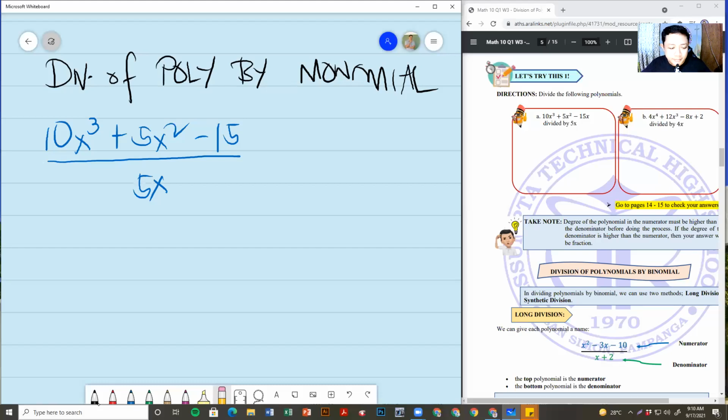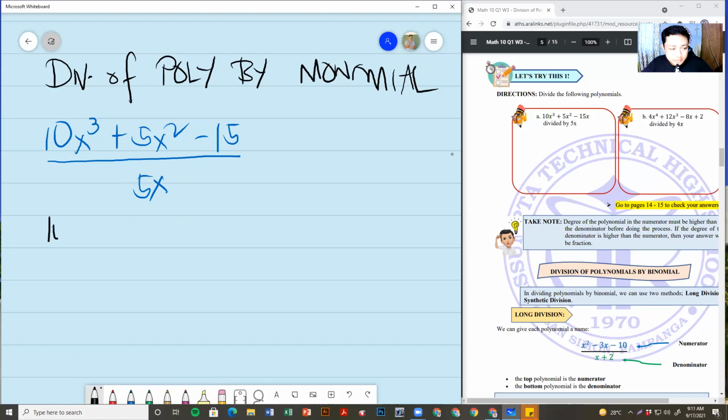Okay? Let's have this. So in dividing a polynomial by a monomial, all we have to do, since this is a common denominator, is to separate all terms in the numerator by the denominator, which is 5x.